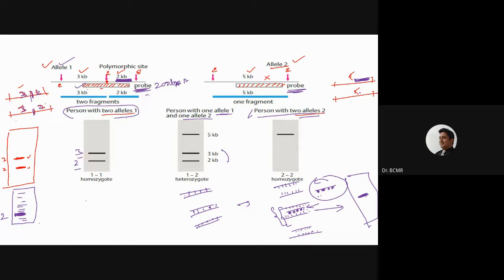So you have this 3 kb fragment and a 2 kb fragment like this, and denaturation and everything has occurred, assume that. Then the probe can still bind here because it is able to make 100 base pairs of interaction here.